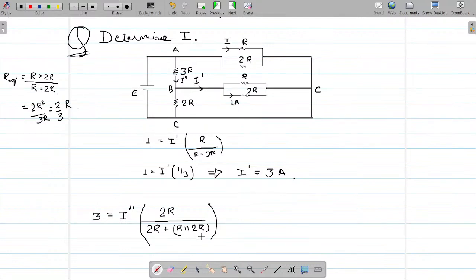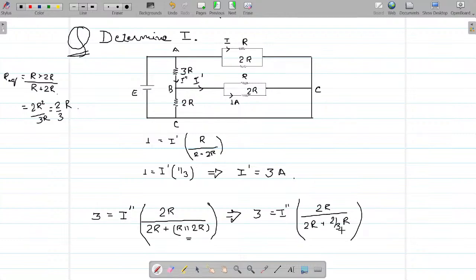So can I replace this by 2 by 3R? Can I write 3 equals I double dash times 2R upon 2R plus 2 by 3R, right?